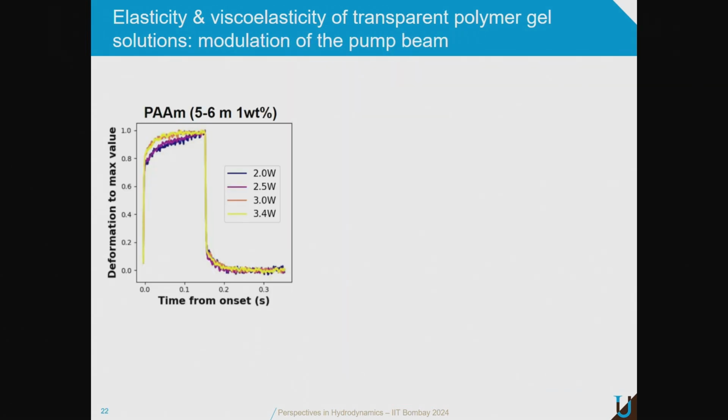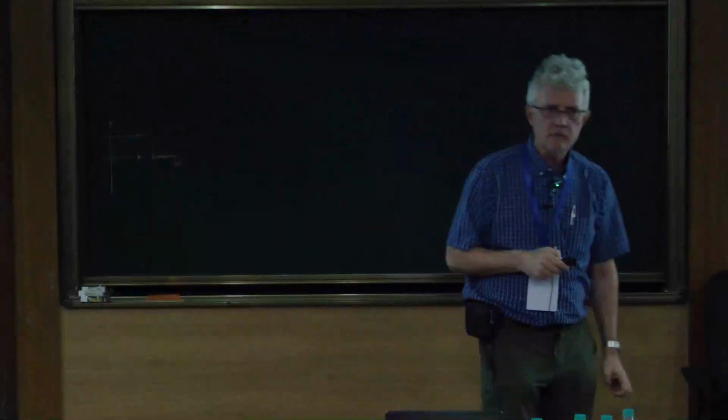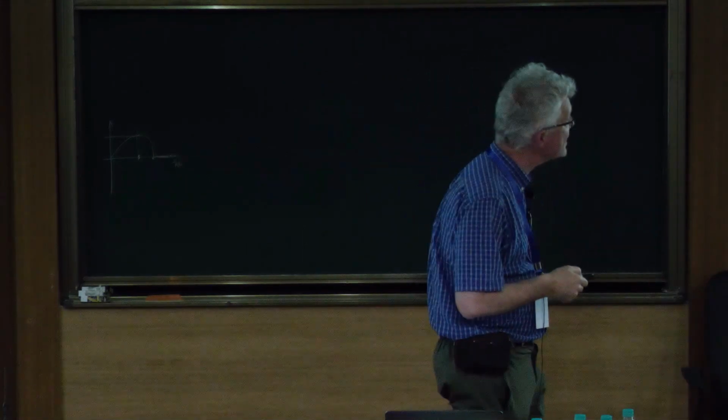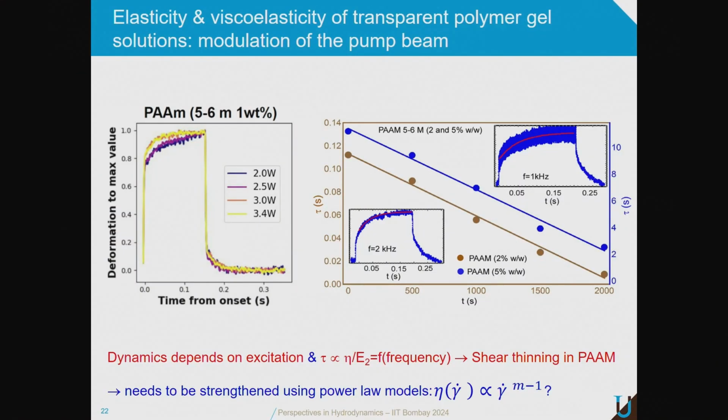But there is a tiny problem, is that when you look carefully, you see that the dynamic is dependent on the excitation. And this tells you that you are not necessarily in a linear regime, and if you also try to modulate inside your light window in order to have a frequency answer of your system, you see that you have also shear thinning.